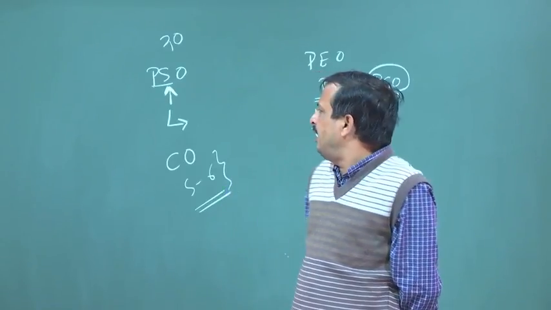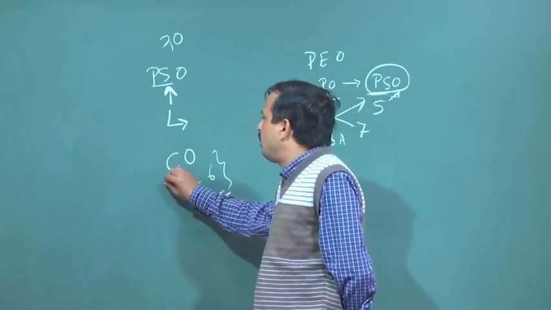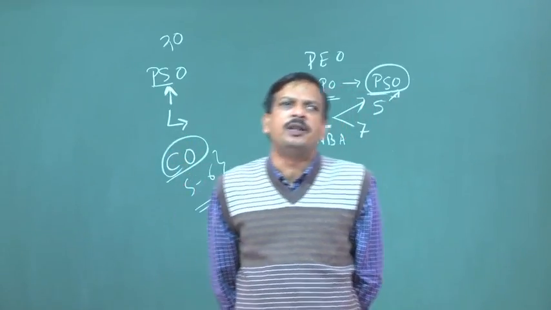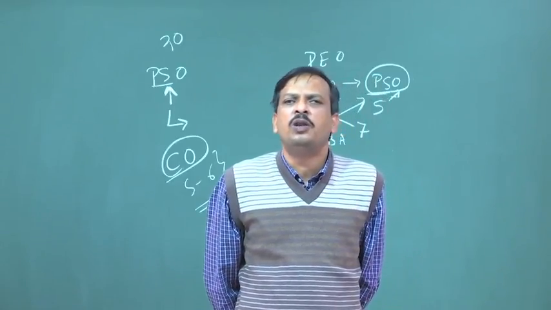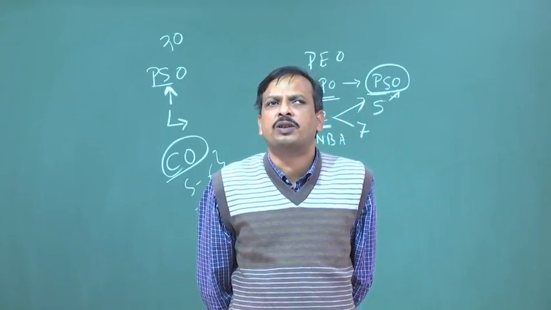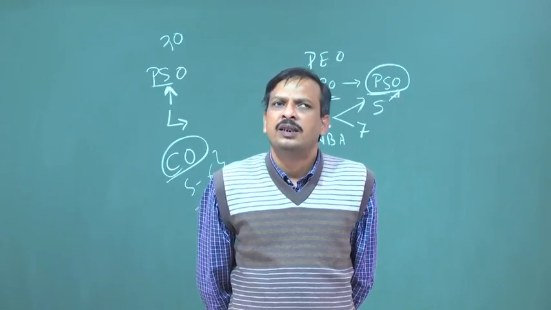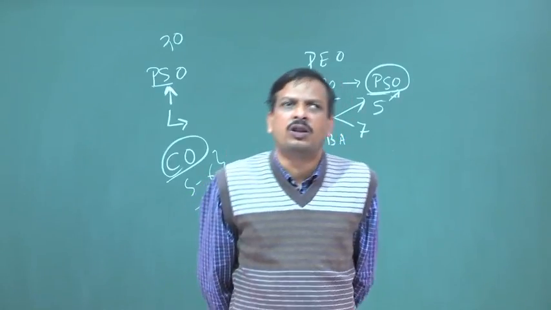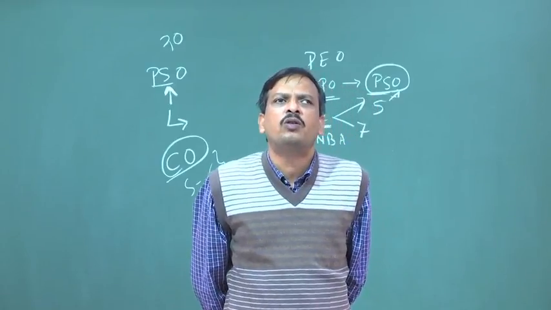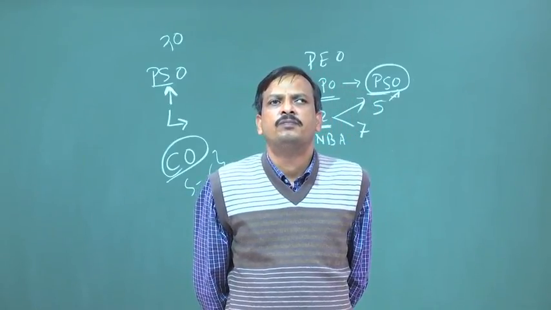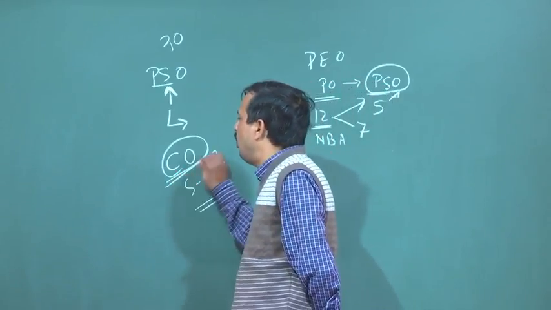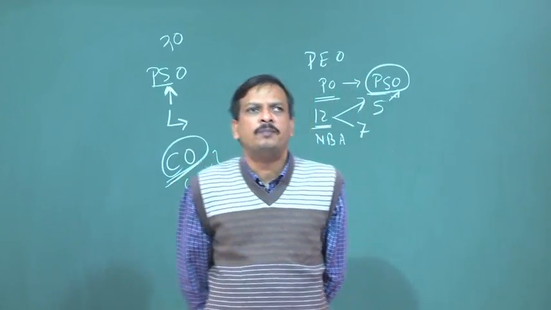Now, if I write a course outcome which is only able to describe or define something, like the student will be able to define Maxwell's equation, that is okay, but maybe a lecture outcome or a module outcome, not a course outcome. So, for accreditation purposes, you require only course outcomes.